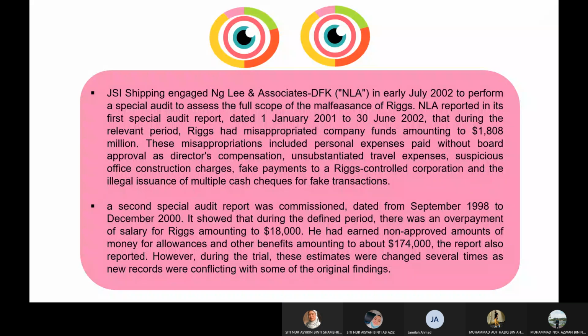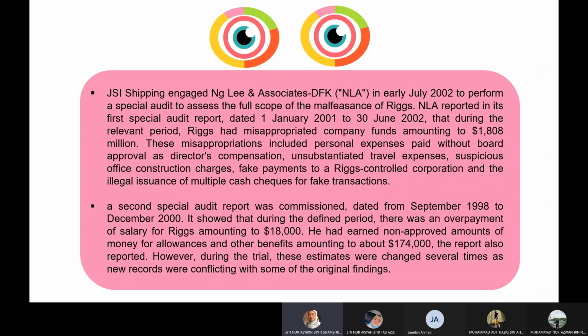JSI JSI Shipping engaged and Lee and Associate DFK NL in early July 2002 to perform as special audit to assess the full scope of the malfeasance of rate. And a report in its first special audit report date 1 January 2001 to 30 June 2002 that during the relevant period has misexploited company fund amounting to 1,808 million.